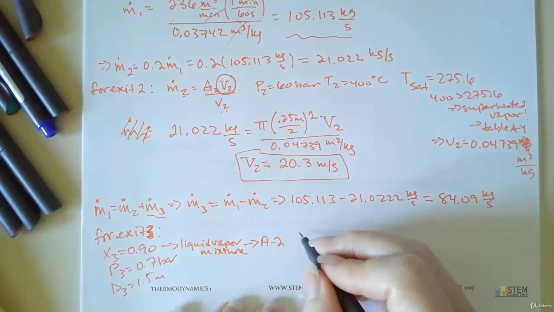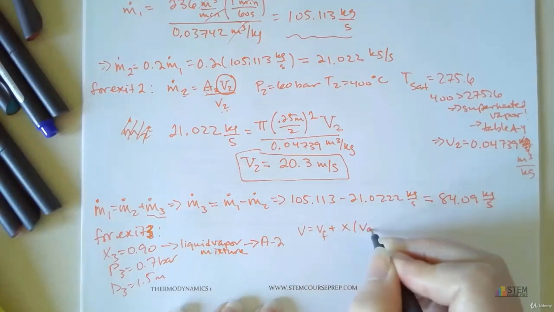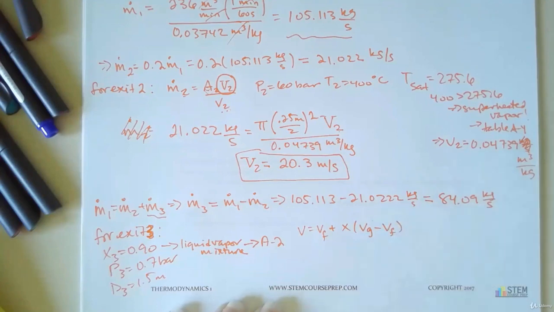That means we have to use this equation here to find our specific volume at this set of conditions. All right, so you're going to use the table to find VF and VG.